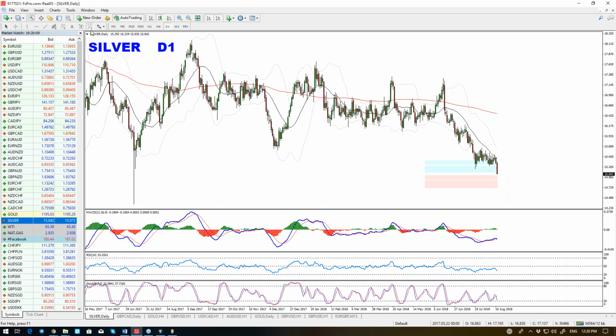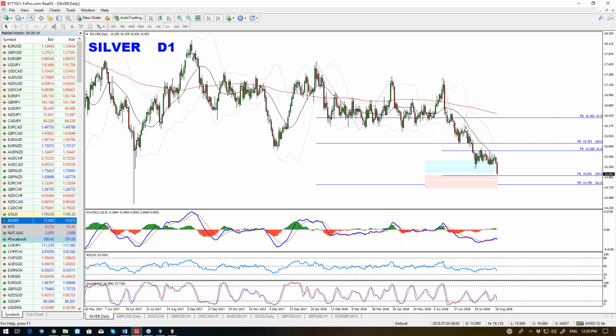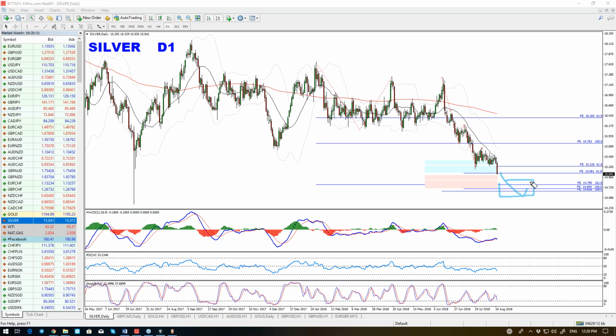According to the levels, we have here a beautiful zone, and we have here a beautiful zone. So this is where I think silver is heading, right to here, short term. From there, I think the turnaround to come.